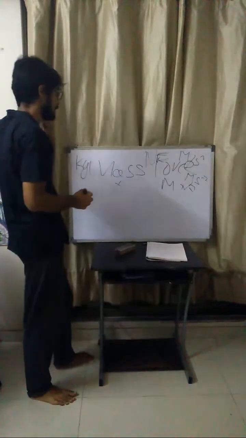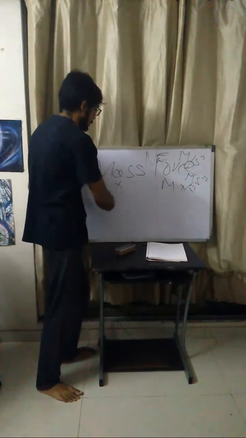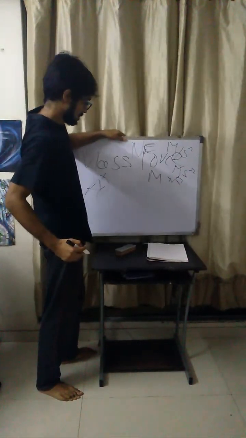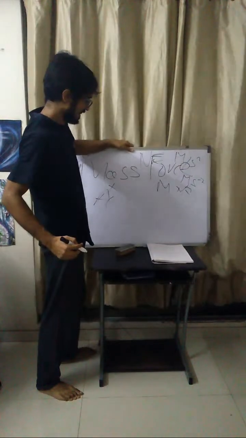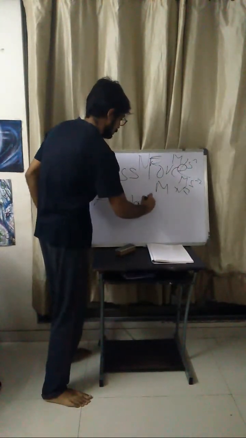Now, to get a weight from a mass, what you need to do is take the mass and multiply by acceleration, right?